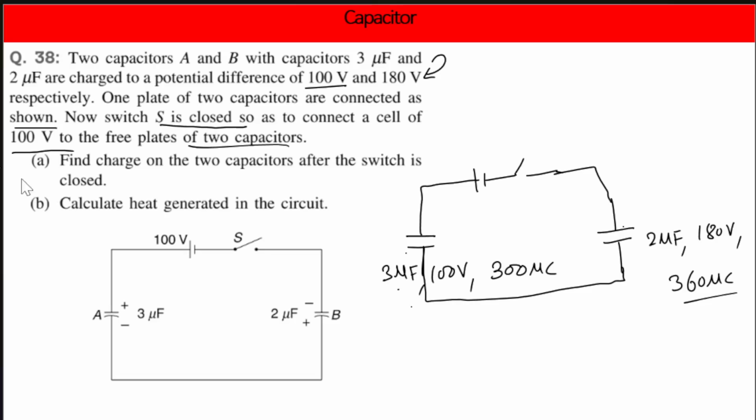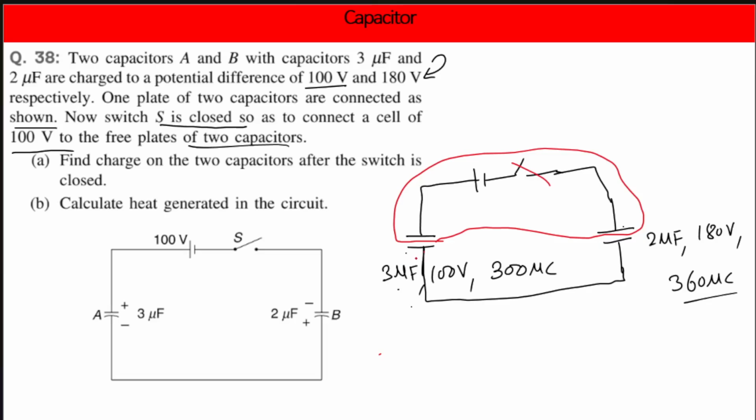Look carefully. First of all, when the battery connection is made, which plates of the capacitors come in direct contact with the battery? This plate and this plate. The two bottom plates are not connected with any external source.